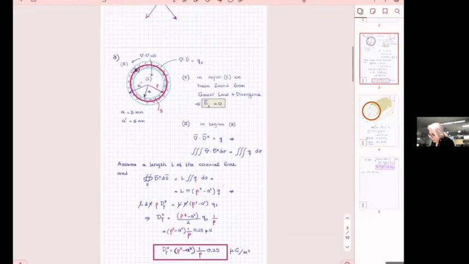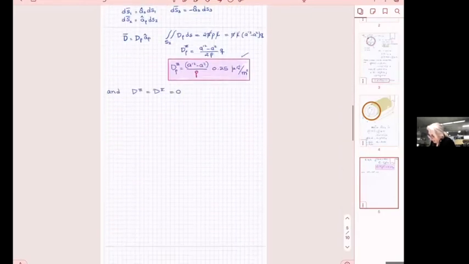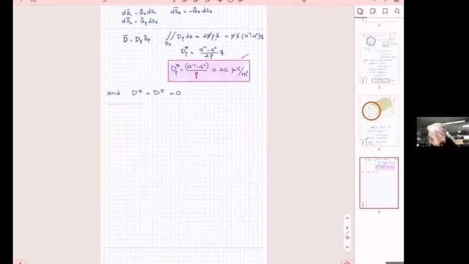We have D in region 1. Let me write down what we have. We found from the previous work that D in region 1 is 0.